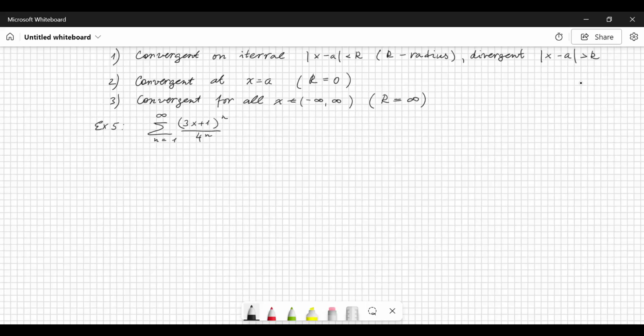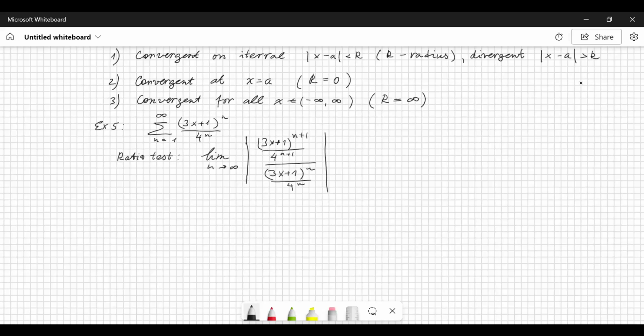Okay, so as you probably remember, we are going to start with the ratio test. The ratio test is going to give us a limit as n approaches infinity. And here you will need to write down term n plus 1: (3x plus 1) to the power of n plus 1 over 4 to the power of n plus 1, and here (3x plus 1) to the power of n over 4 to the power of n.